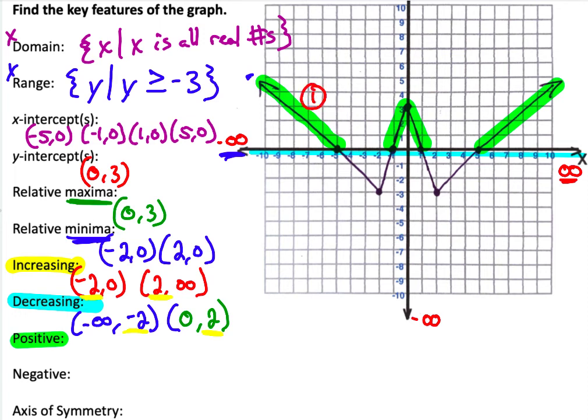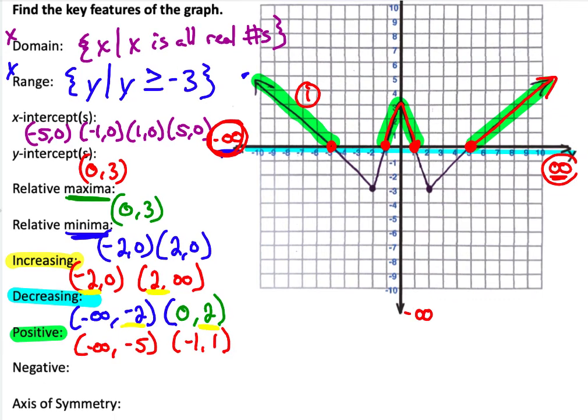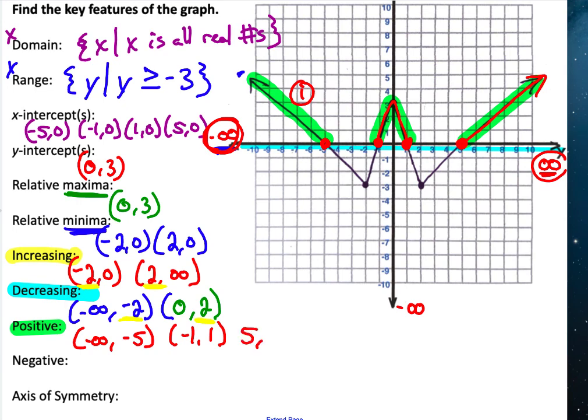Well, section 1, we start out all the way at -infinity and stop at -5. So -infinity to -5. Then this section starts at -1 and ends at +1. So -1, 1. And then the third section starts at 5 and goes out to infinity. So 5 out to +infinity.